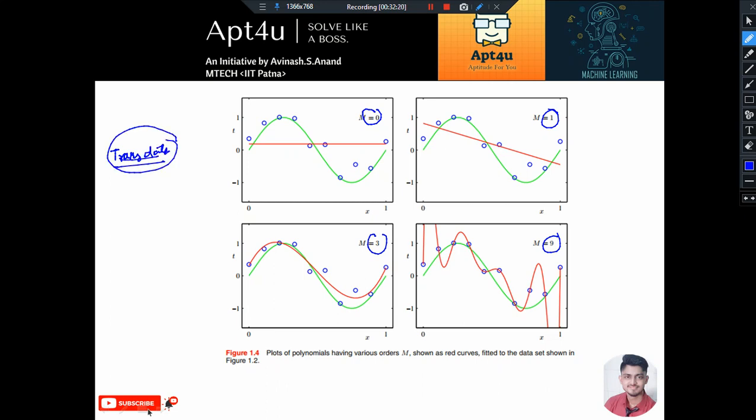We randomly generated it using the function sin 2pi x for some values of x. We generated these points and introduced certain noise to make them move away from the sinusoidal curve. Again, for generating the testing data, we use the same function sin 2pi x and add some different noise.